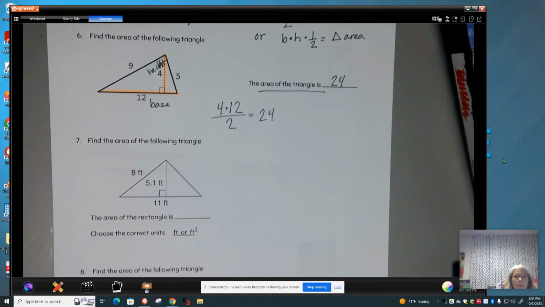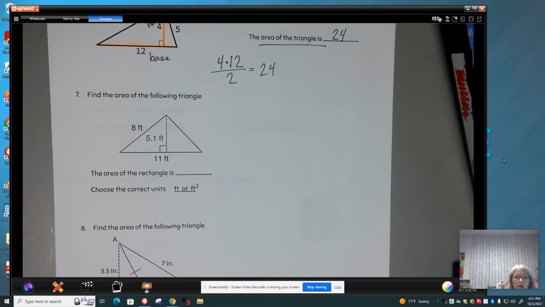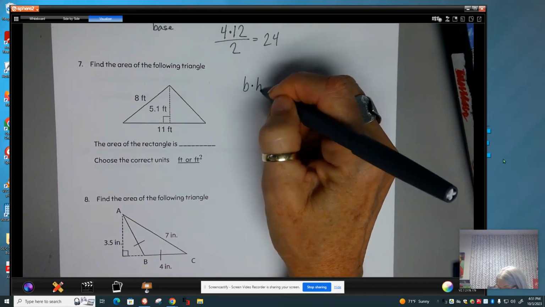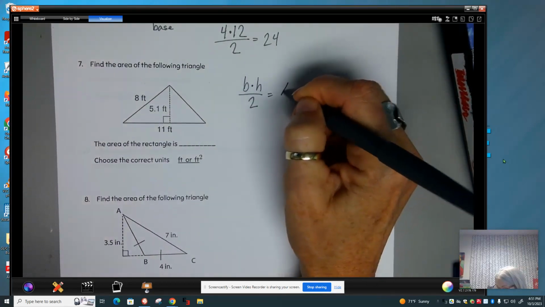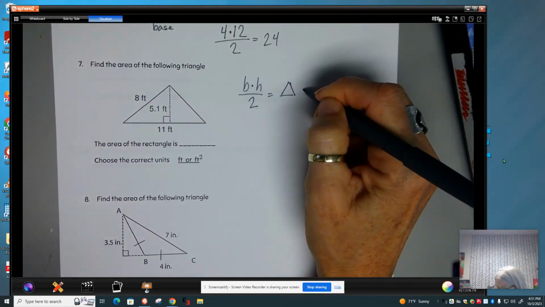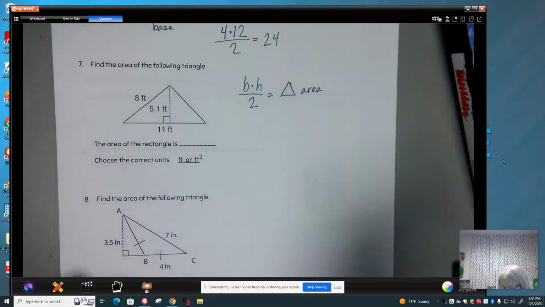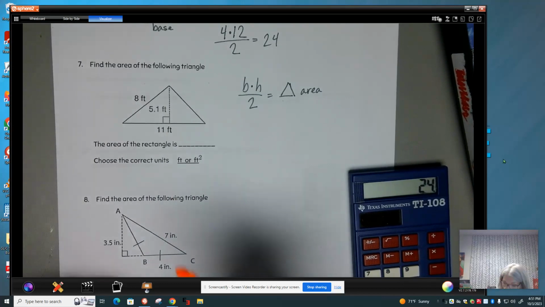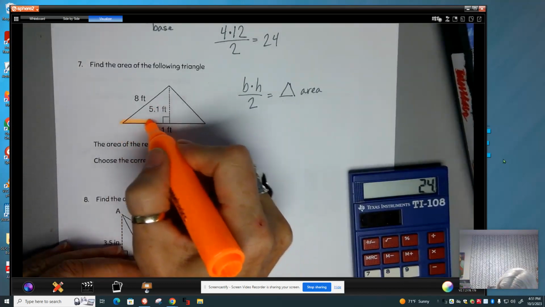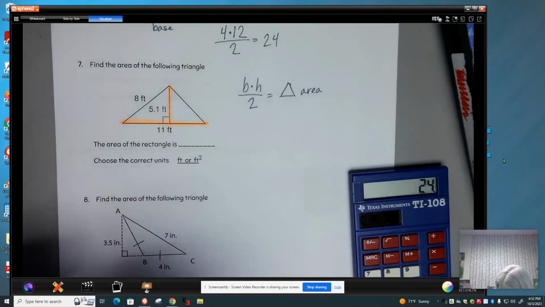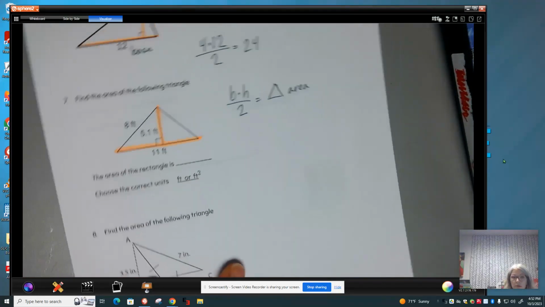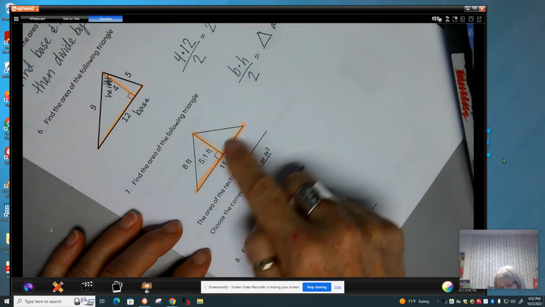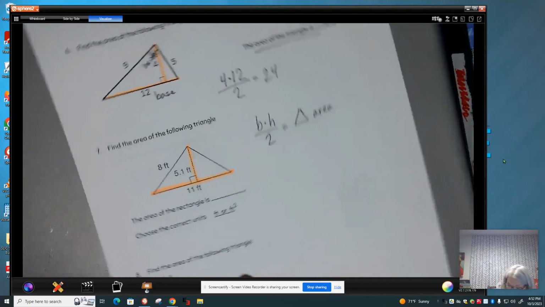Okay. Find the area of the next triangle. Remember, you're doing base times height divided by 2. So even if your triangle is crooked, sometimes on the paper your triangle will be slanted, you are still looking for that perfect 90-degree angle.